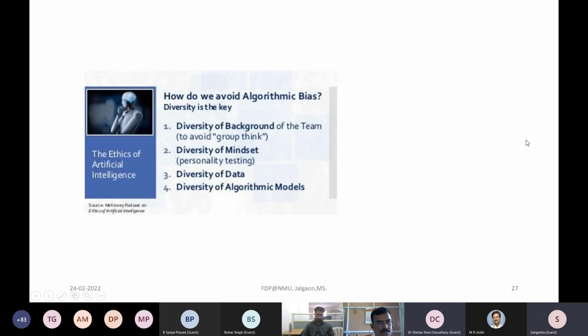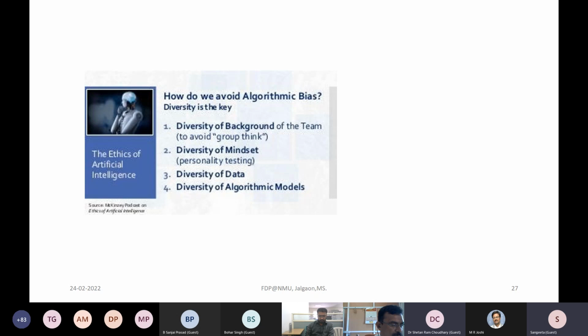But before I go to that very important presentation, do algorithms have bias? We have heard of algorithmic bias, correct? So the diversity of the background of the team matters. How does the group think? If you have diverse people in your background, only then will you be able to give a proper opinion.